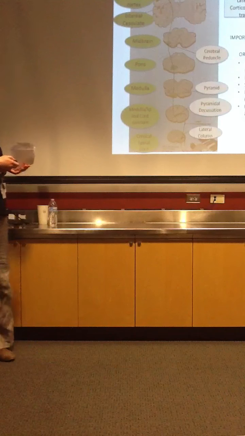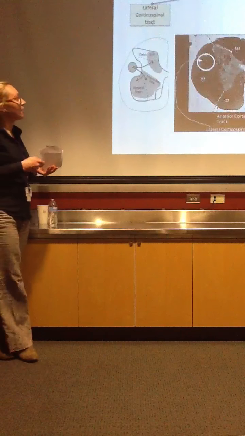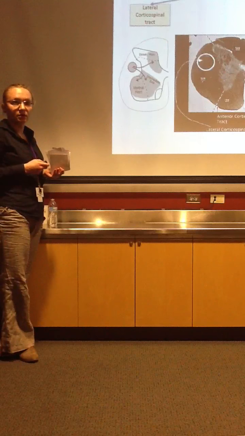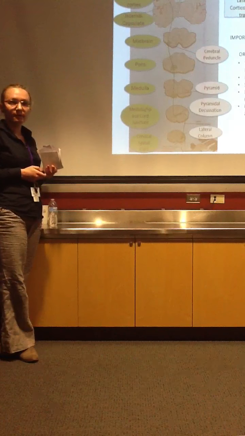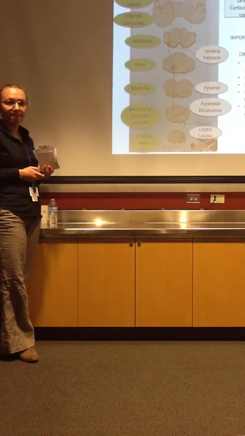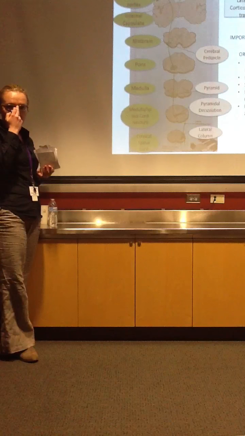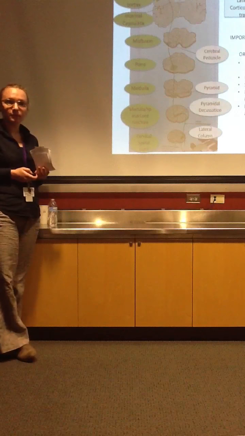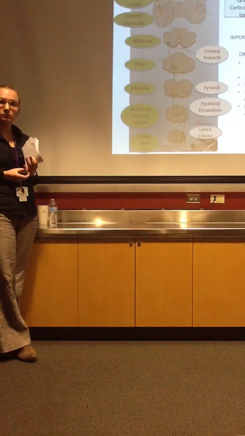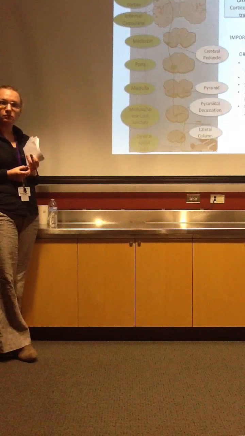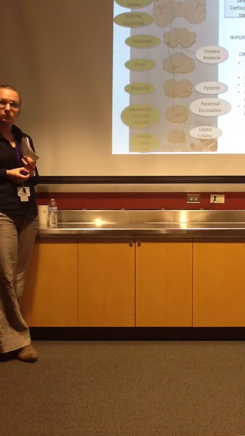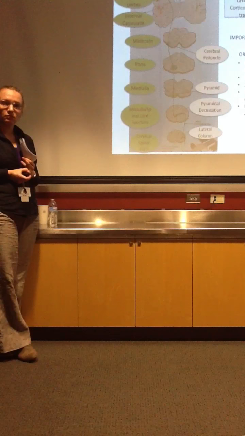So before you go there, we usually stimulate on the pyramid, very close to the pyramidal decussation, the corticospinal tract. So what will be the location there for the fibers that control upper limb movements compared to the location of the fibers that control lower limb movements?